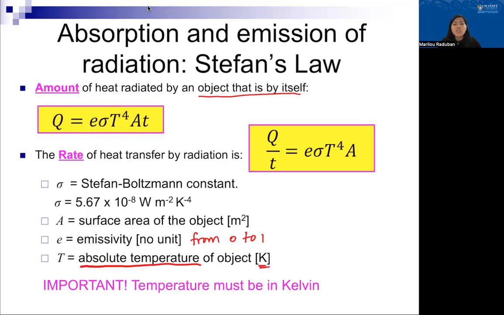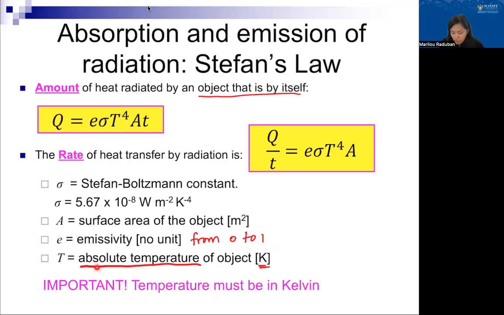We didn't care so much whether the temperature was in Celsius or in Kelvin, because when you subtract two temperatures, the resulting temperature difference in Kelvin is the same as in Celsius. But for heat transfer by radiation, it's not a temperature difference. It's just a temperature by itself. So the temperature must be in Kelvin. It should be the absolute temperature.